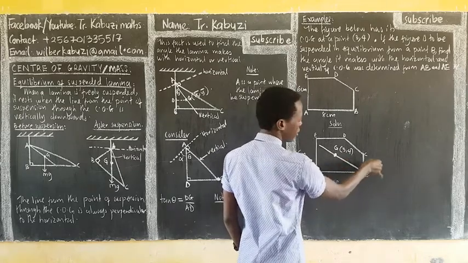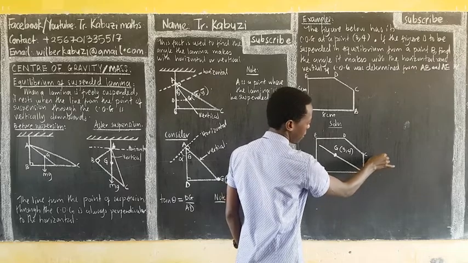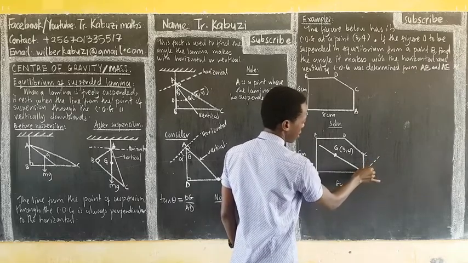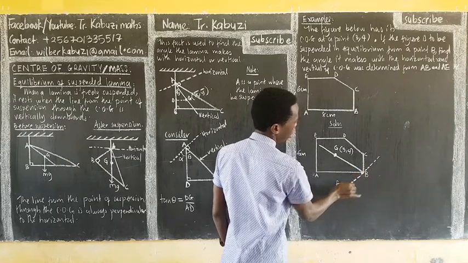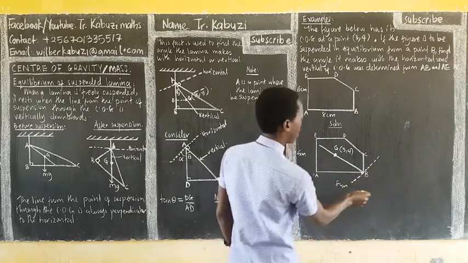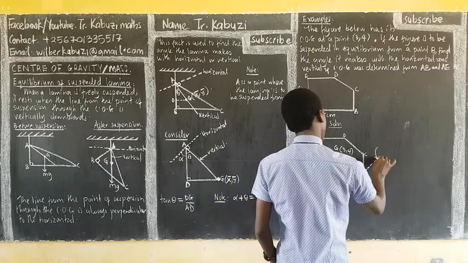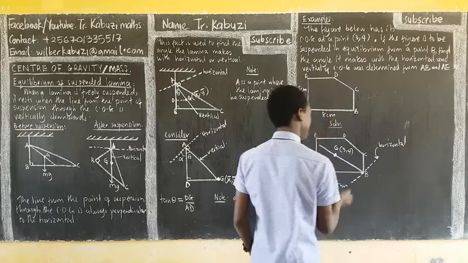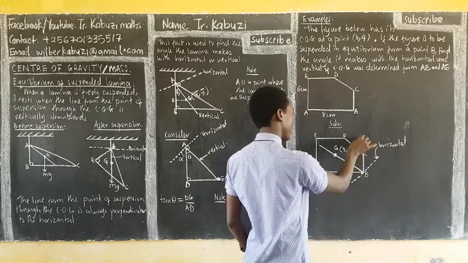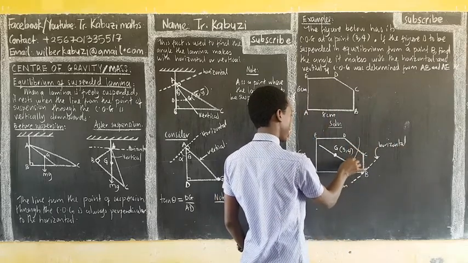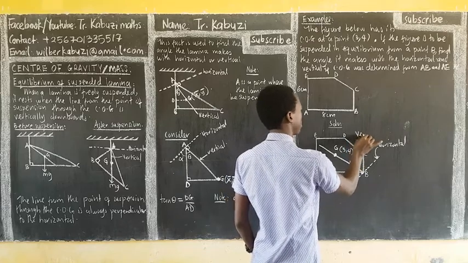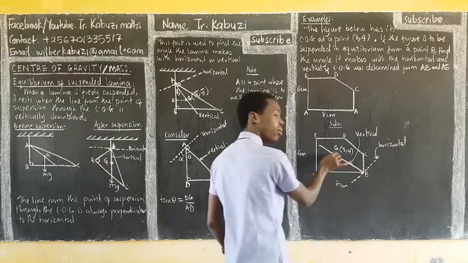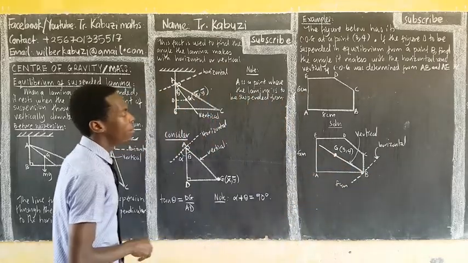So it means that the horizontal, to be perpendicular, is going to be like that. So this is going to be my horizontal, and then the vertical is this one. The vertical is the one from the point of suspension through the center of gravity.